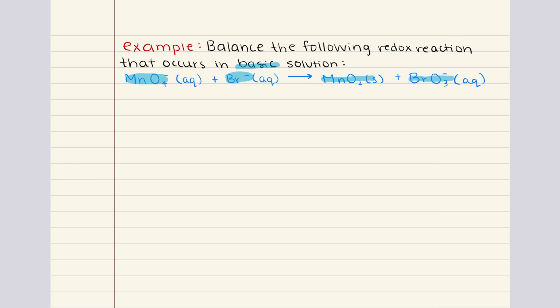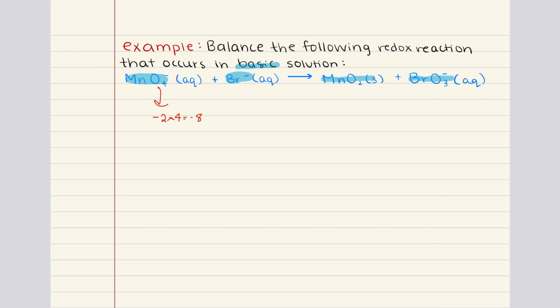Here we're going to assign oxidation states to all of the elements in the unbalanced equation. And then we're going to use the oxidation states to identify the substances being oxidized and reduced. In the permanganate ion, oxygen has an oxidation state of -2, and there are 4 oxygen atoms, so we have a total negative charge that's equal to -8.